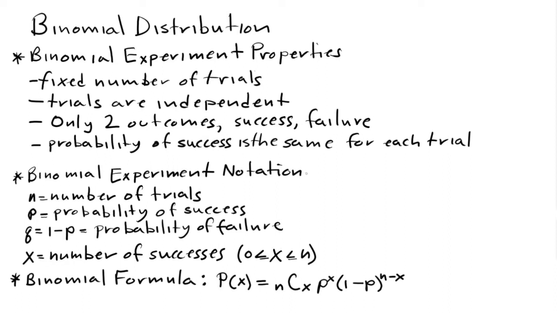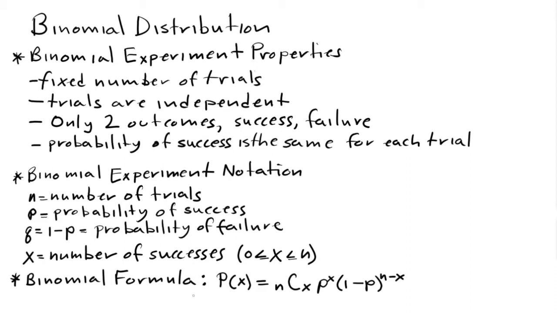Now, when you do a binomial experiment, the notation we're going to use is standardized. So we use n for the number of trials. We use lowercase p for the probability of success, and then q, which is 1 minus p, for the probability of failure, and x represents the number of successes.